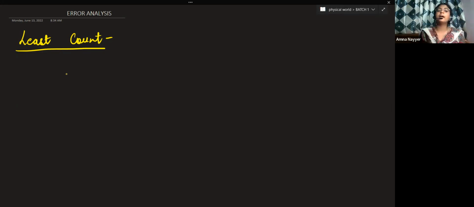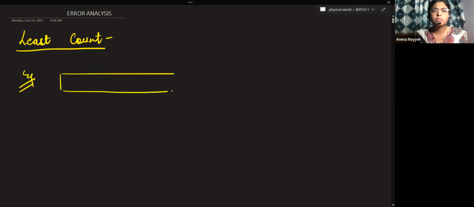Now, what is meant by this term least count? Least count means it's the minimum amount of measurement of an instrument. For example, take the 15 centimeter scales that you use in your school notebooks.